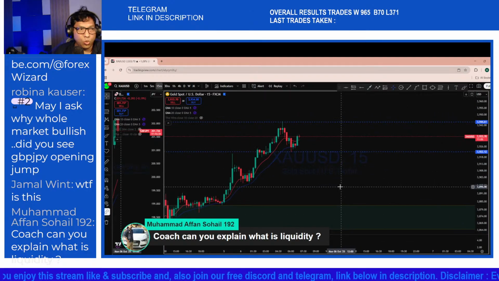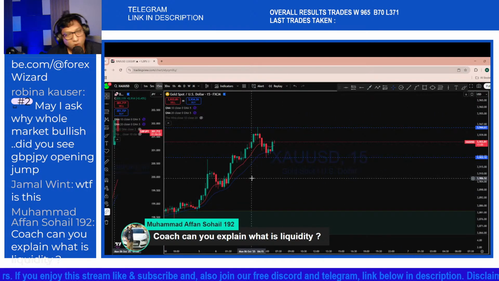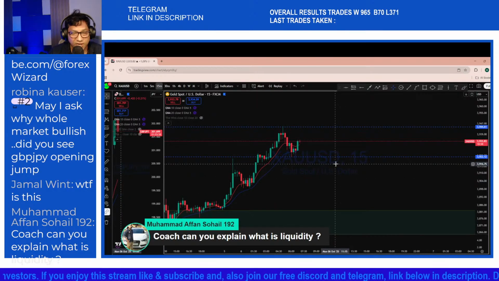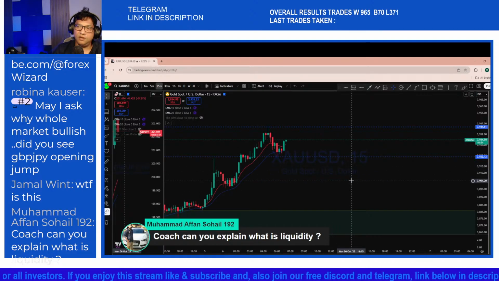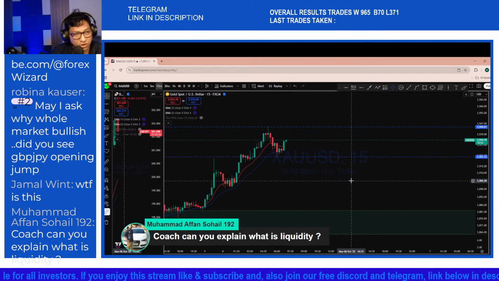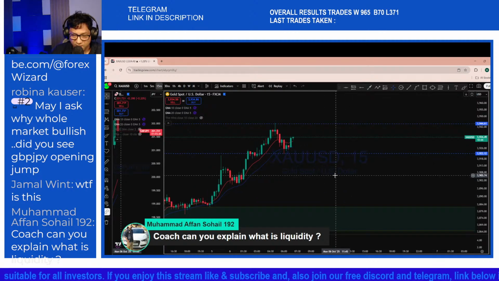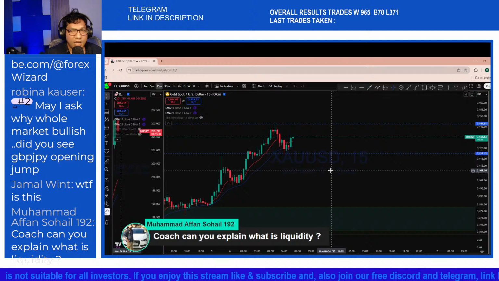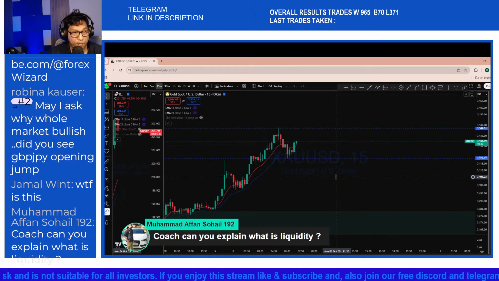Now, how do you know when the smart money is trading? Because we see only the candlestick pattern in the chart, some red and green candles depending on what color you choose. But when you are trading based on liquidity, when there is a bigger order flow in the market, there's no other way that you can know who is doing what on the backside of the market.